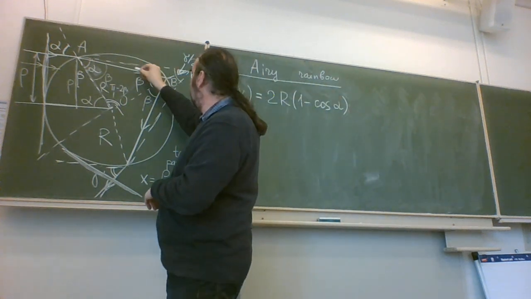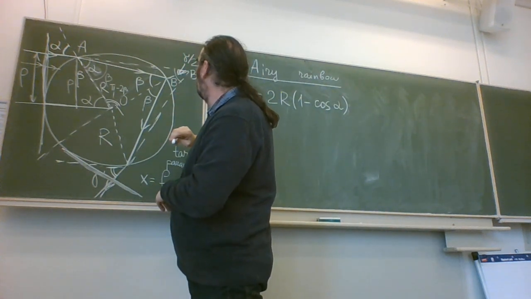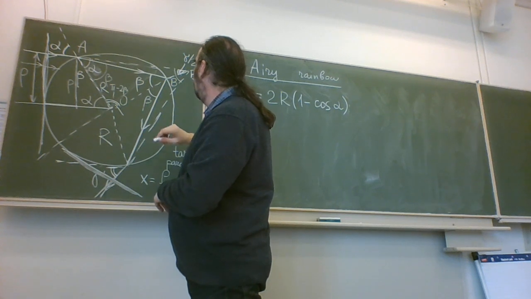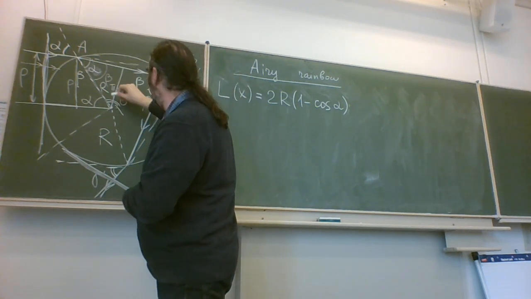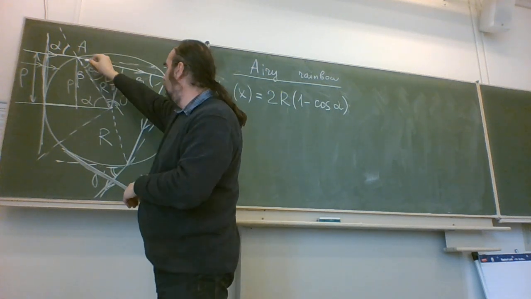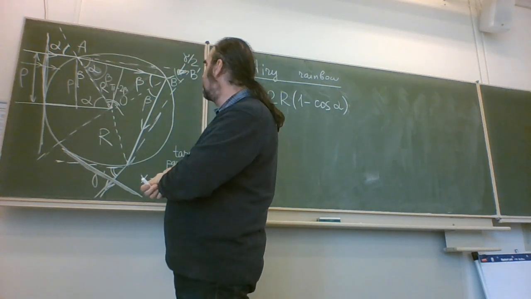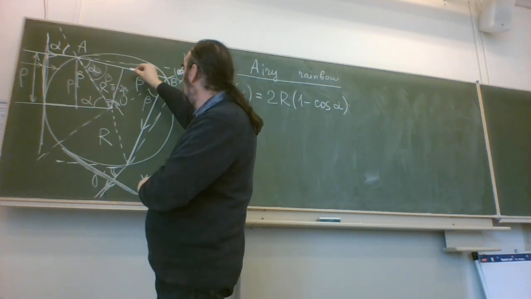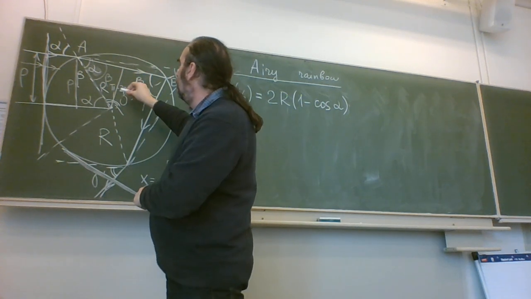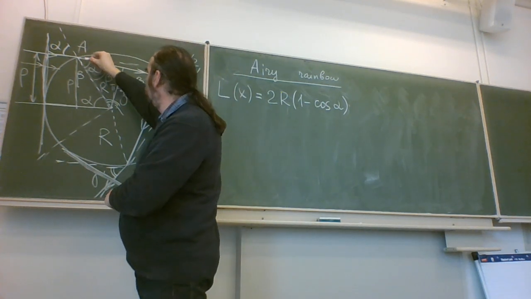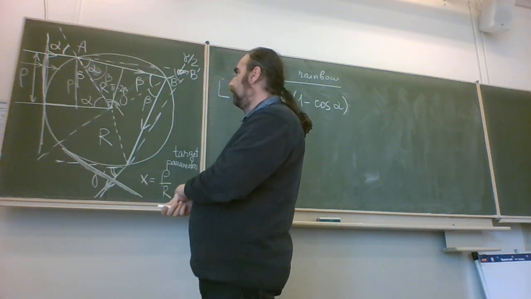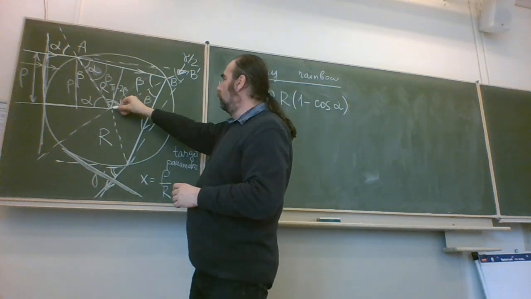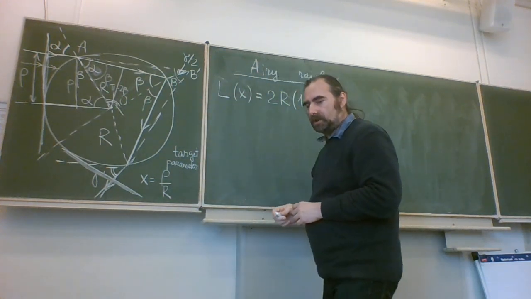Now for this one. Again, that's a triangle with equal sides. I can put a line in the middle, and then this distance would be r times cosine beta, and the total would be 2 times r times cosine beta.